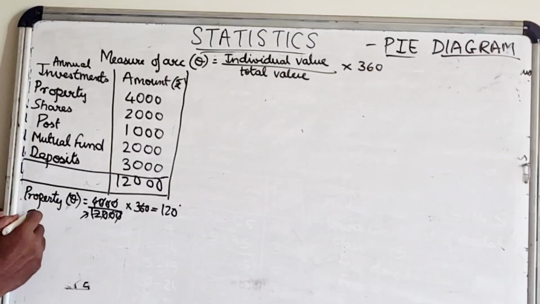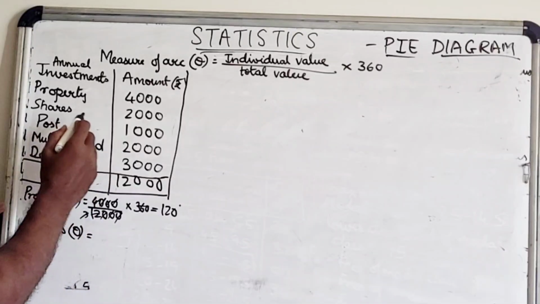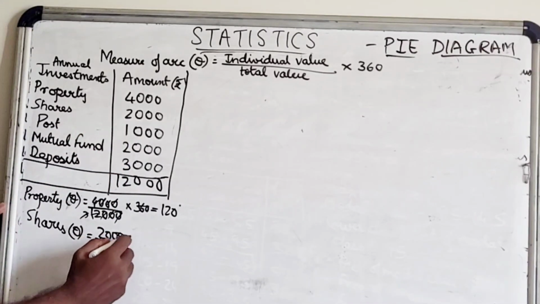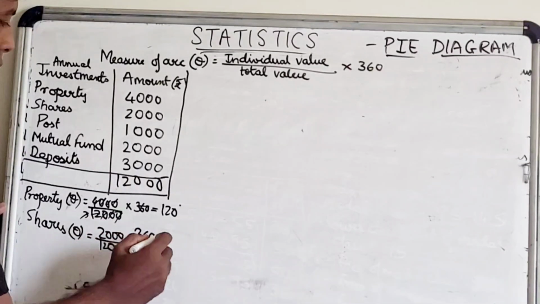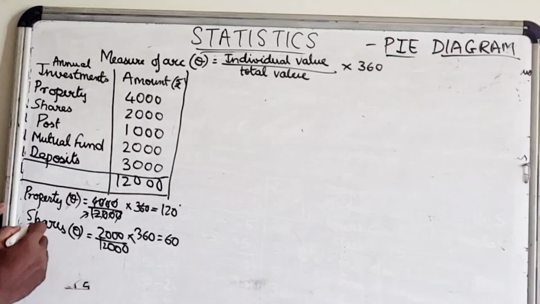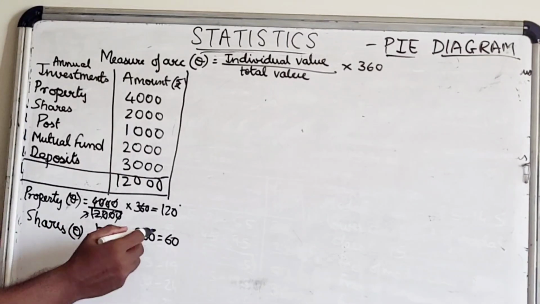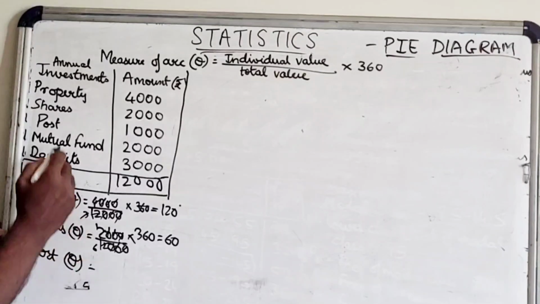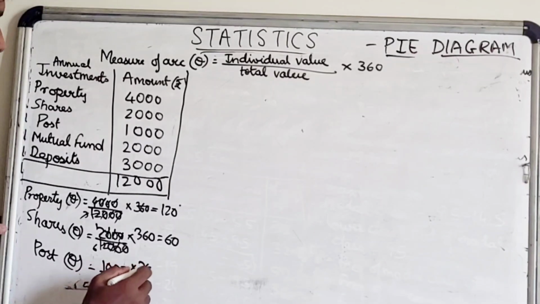Next is shares. The shares angle is going to be 2,000 upon 12,000 into 360. Solve it, and you are going to get 60 degrees. The zeros cancel, divided by 2, 6, and 60. Post is going to be individual value 1,000 upon 12,000 into 360.